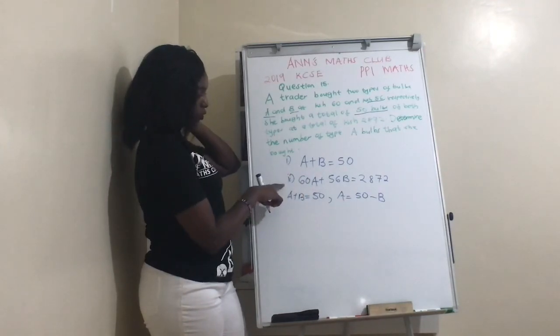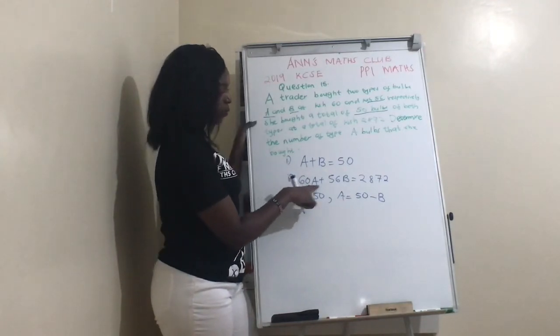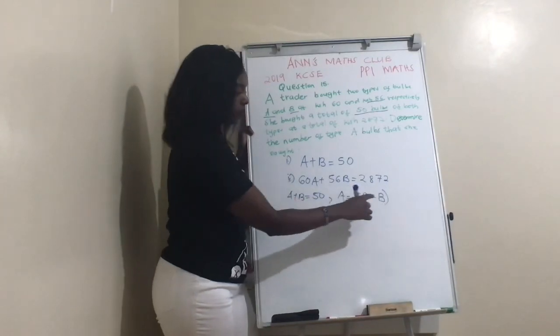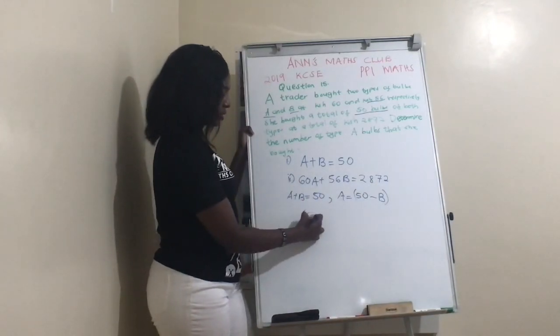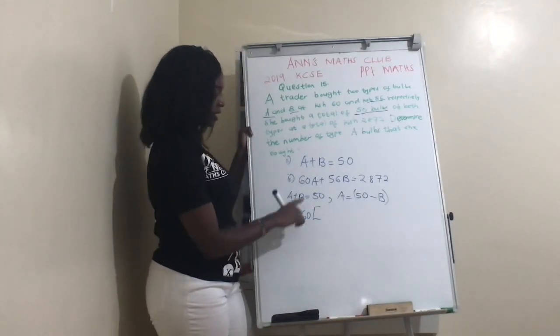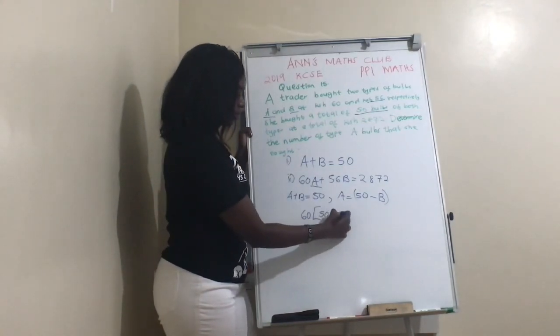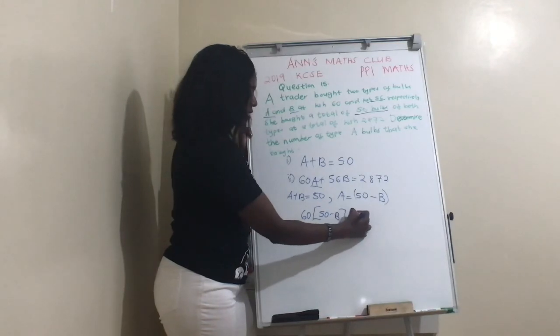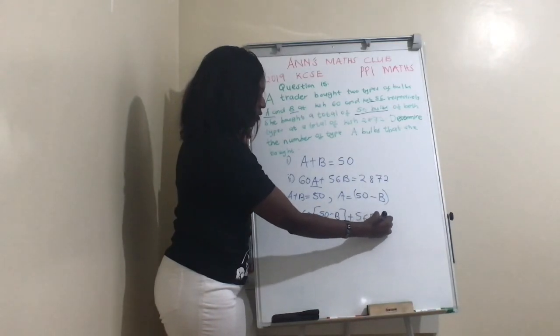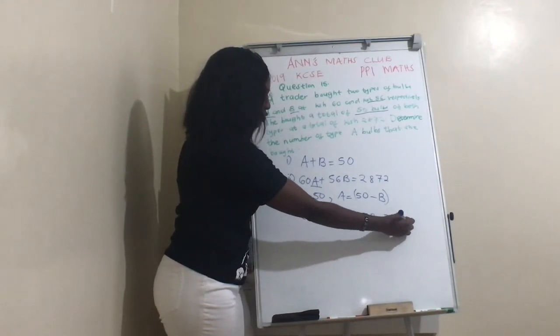So when you're using equation 2, where there is the A, we replace it with 50 minus B. So it becomes 60, open the bracket, 50 minus B, plus 56B is equal to 2872.